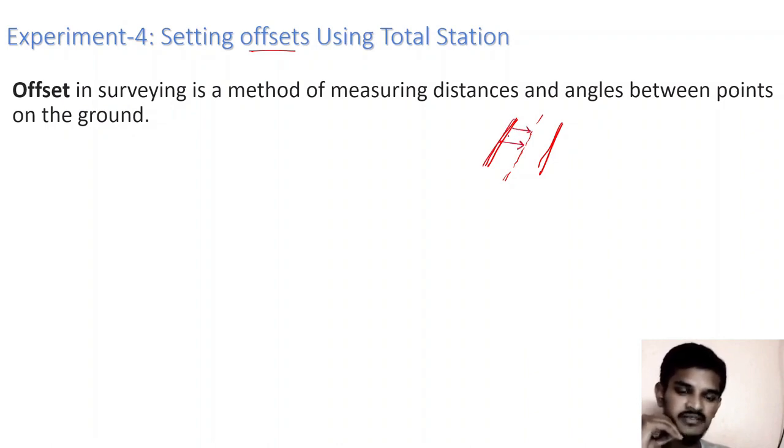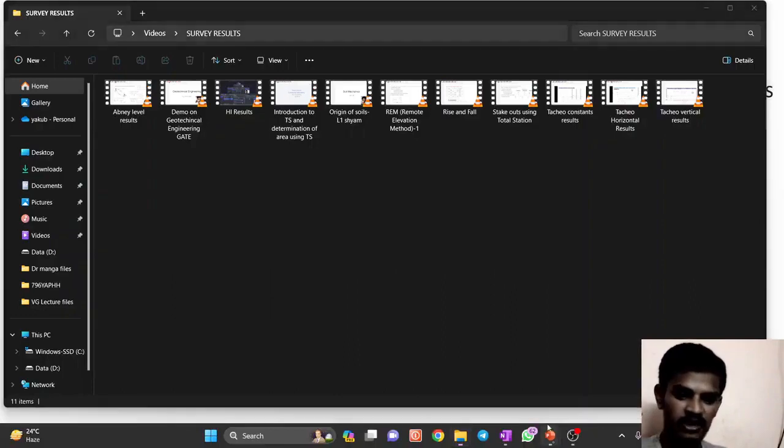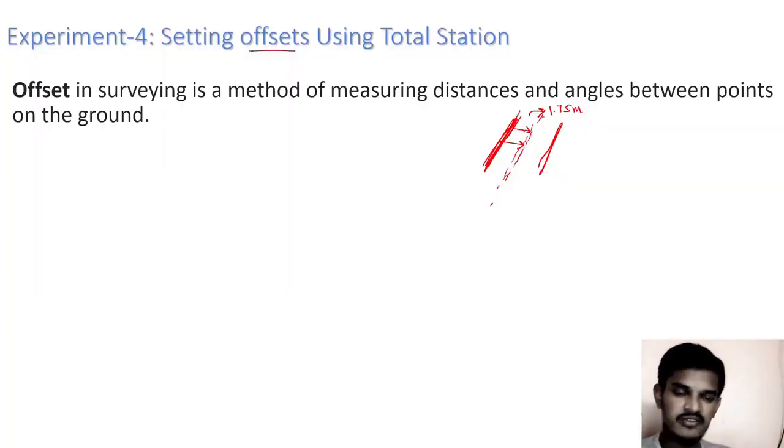So for example, if the center line is at a distance of 1.75 meters, right? So we know this exact boundary line. So using a total station, we are going to mark this center line exactly at every 1.75 meters, right? So we are placing or marking the distance along this center line.